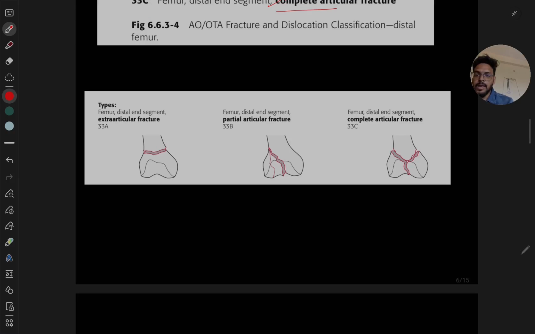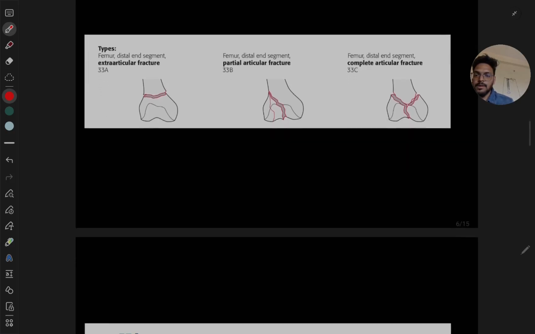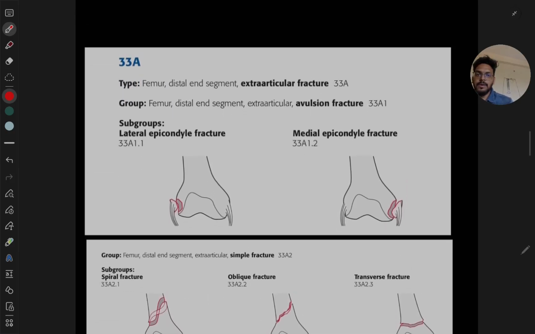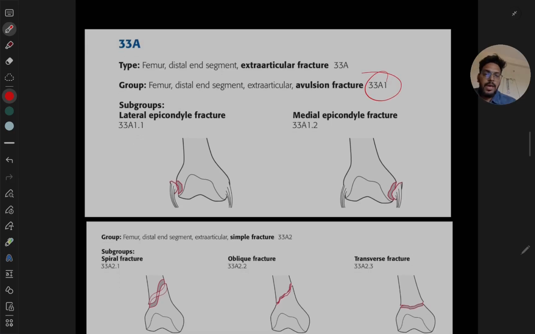So in A, coming to A1, we have divided A1 as simple extra-articular, right? In A1 again there are two types, that is A1.1 and A1.2. In A1.1, lateral epicondyle avulsion, these are the avulsion fractures.